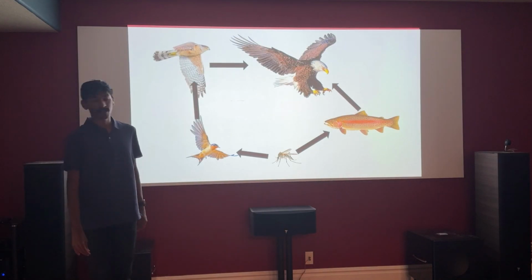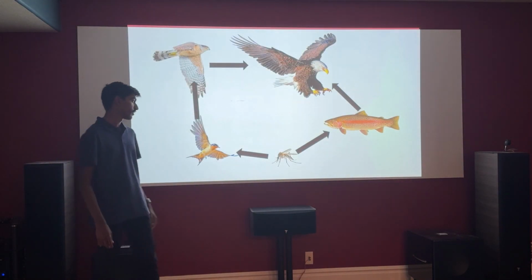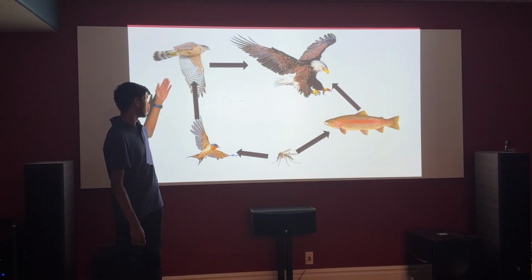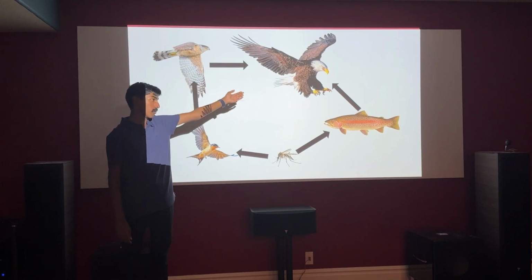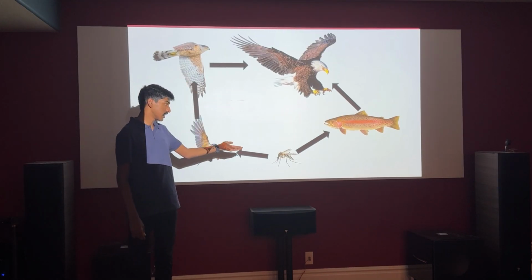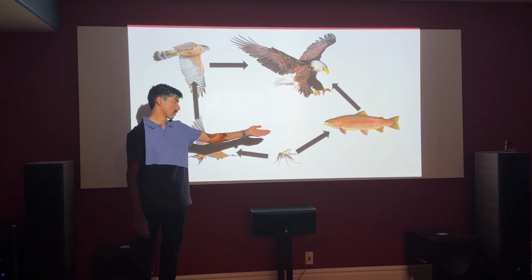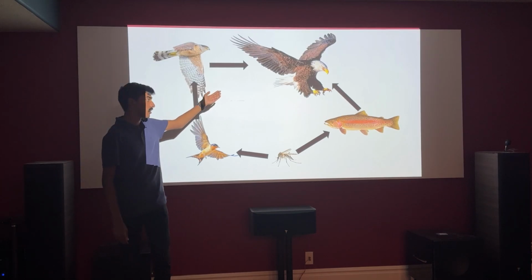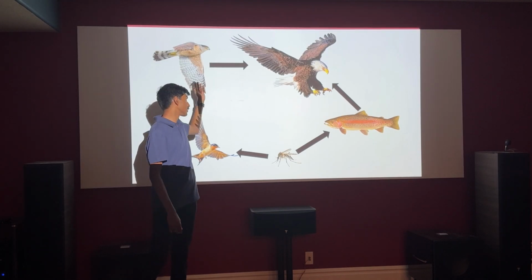So here's a bog standard ecosystem where I am in Utah. Here's a mosquito, gets eaten by a barn swallow, gets eaten by a Cooper's hawk, gets eaten by a bald eagle. You can also have mosquitoes get eaten by rainbow trout or cutthroat trout, which are also eaten by bald eagles. So obviously you've got the apex predator, the secondary predators and the tertiary predators.